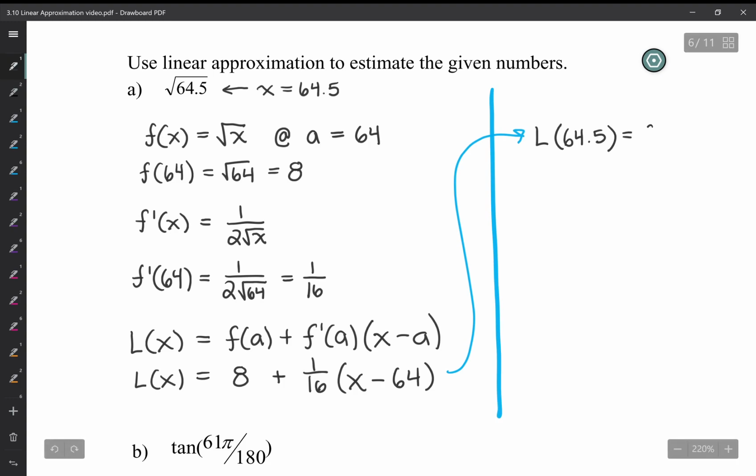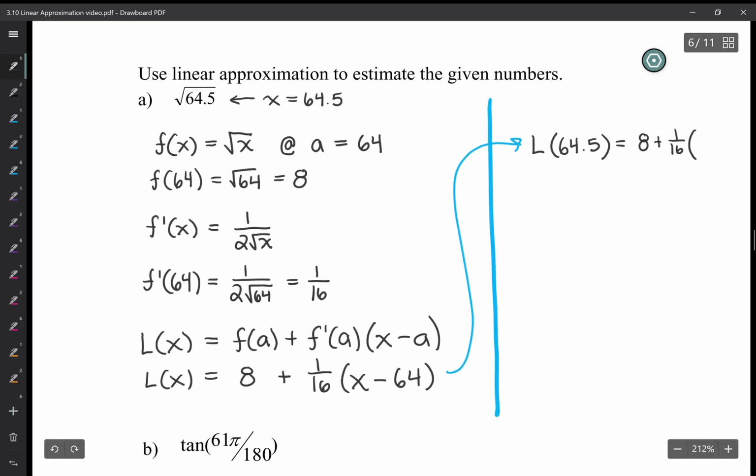This is equal to 8 plus 1/16 times x, which is 64.5. So 8 plus 1/16 times 64.5 minus 64, which leaves us with 5/10.